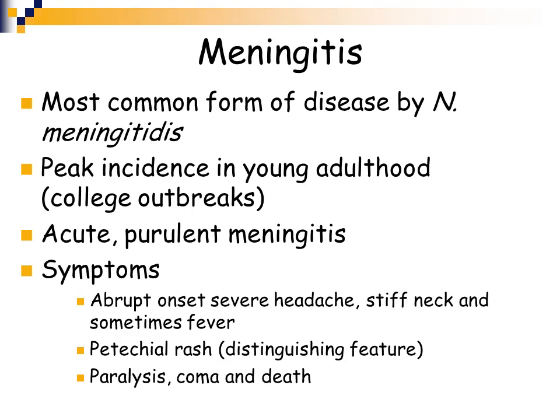And the distinguishing feature of Neisseria meningitidis meningitis is this petechial rash, this little purple splotchy rash that occurs all over the body. The problem with meningitis caused by Neisseria meningitidis is that it is very rapidly lethal.